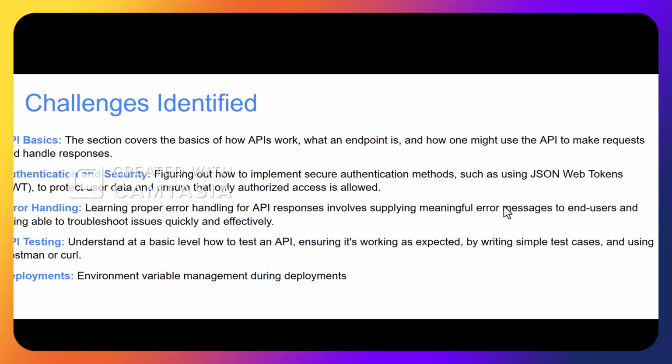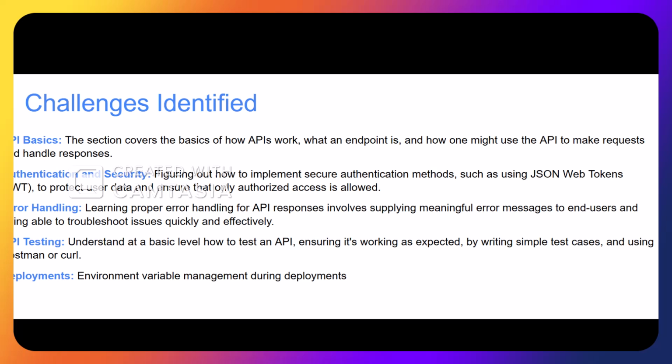Another challenge I've already identified will be deployment, which is properly configuring environments and managing deployment. These challenges are expected for a beginner backend project like the one I'm doing now, and I'm eager to learn as I address them. Tackling these hurdles will help me develop the skills needed to build scalable and secure APIs.